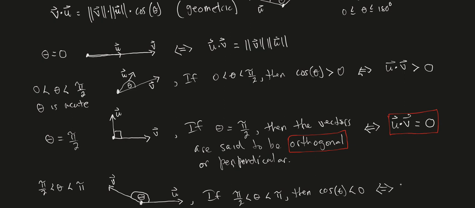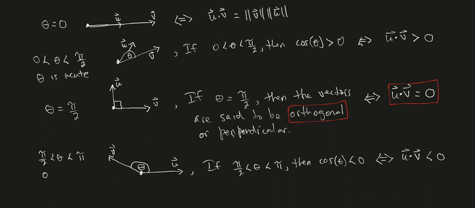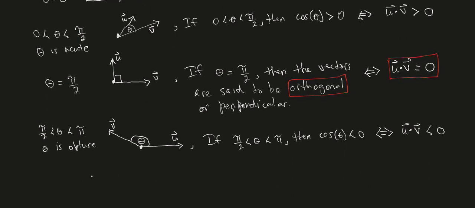This is the fact about the dot product. Whenever the dot product of two vectors is negative, then it means the angle between the vectors is obtuse, right? So theta is obtuse, all right?